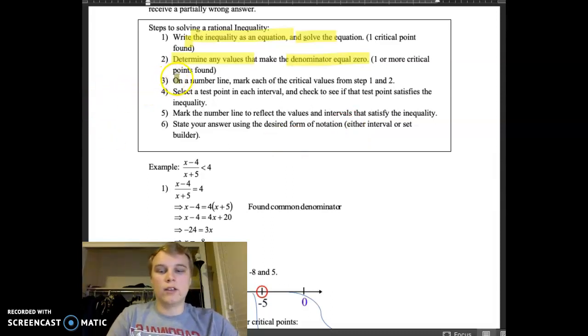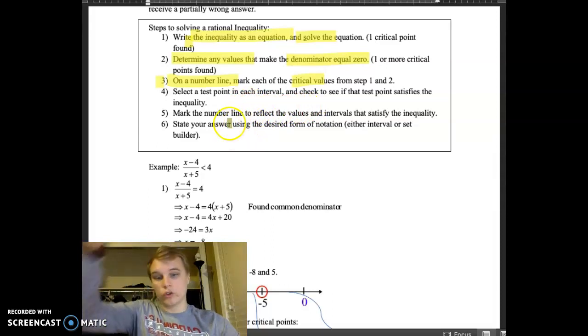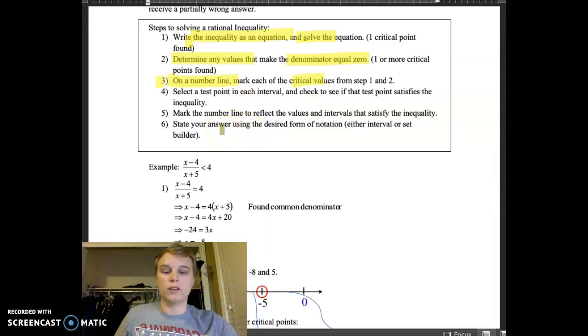And then just like the radical, we put on number line, mark the values, okay? Then we test the point in each interval, less than 1, in between the two, and greater than 1. This is all the same as before. And then we have to mark where it's true and when it's false. So if it doesn't satisfy, it's false. If it does, it's true.